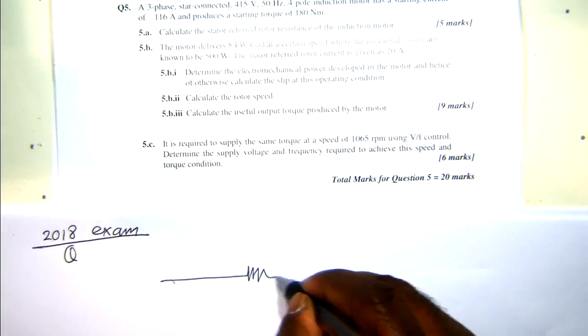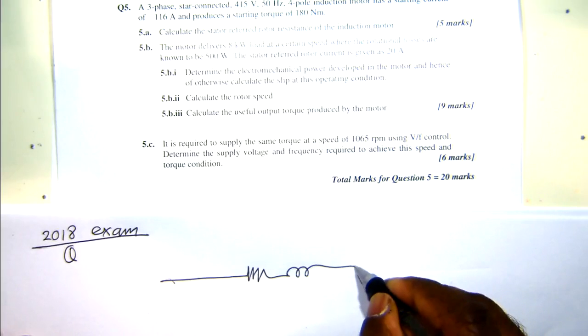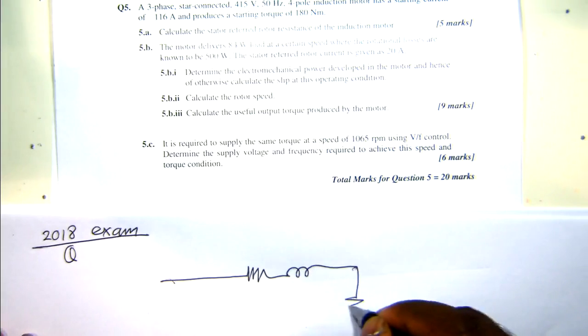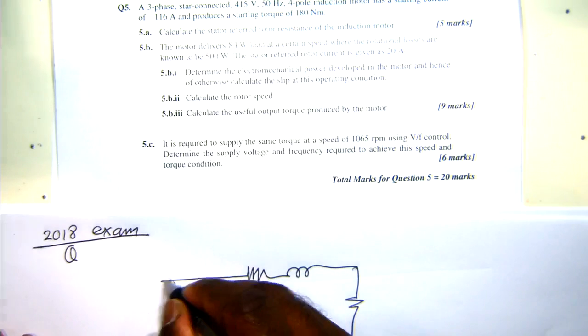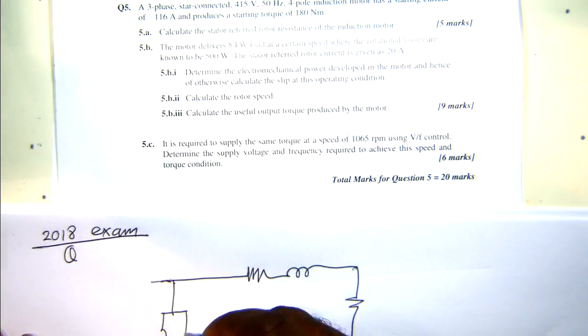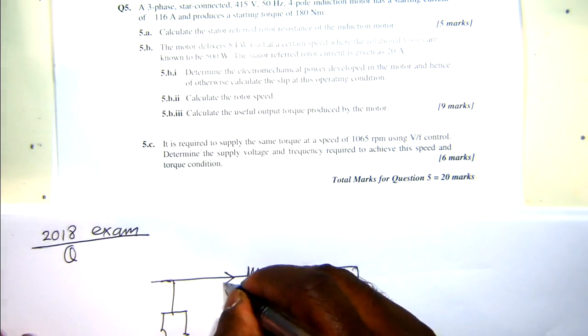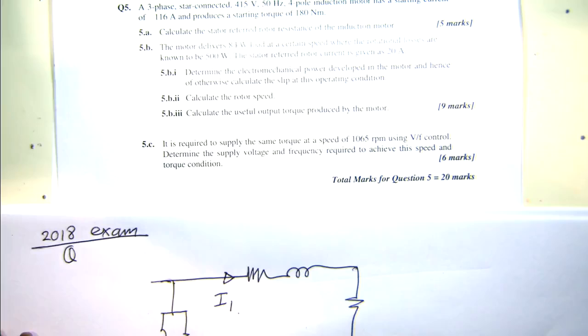So if you look at the equivalent circuit, the starting condition, you have this. And this is the current I1.